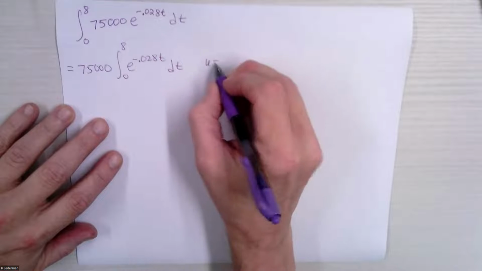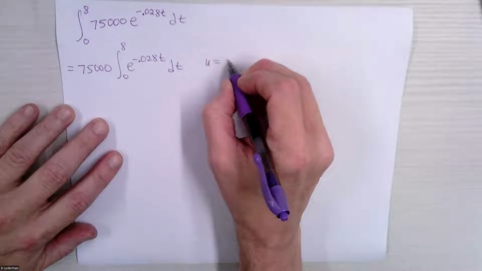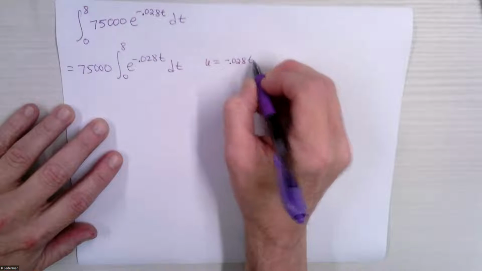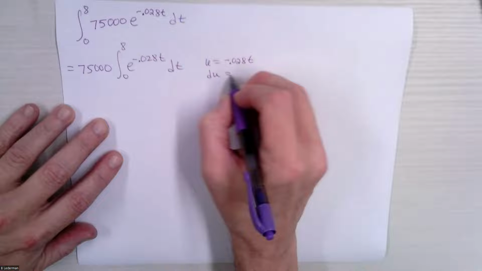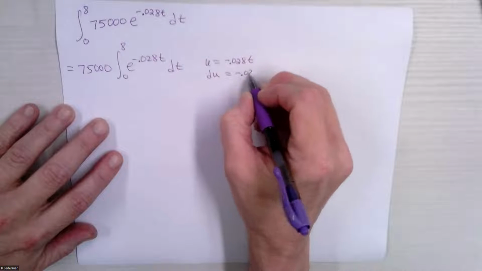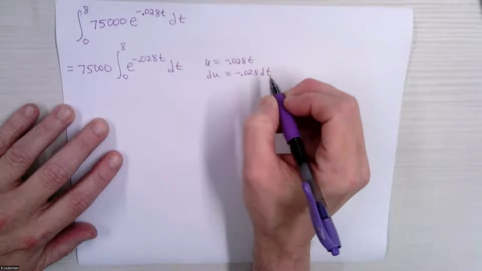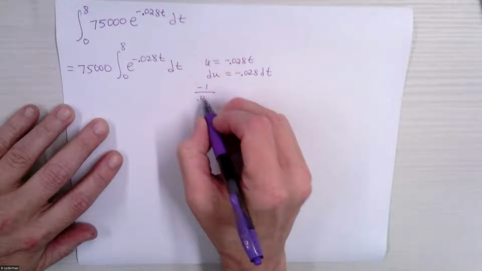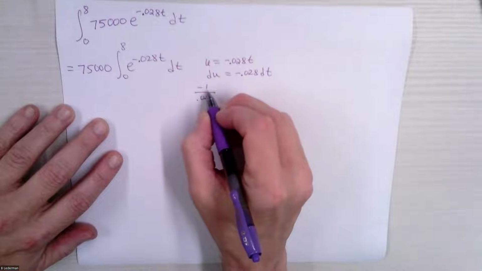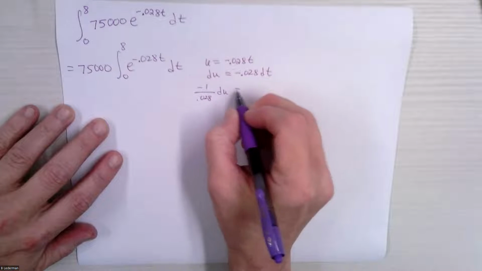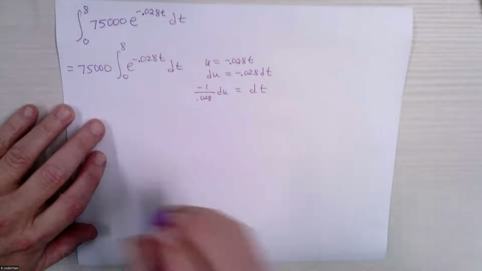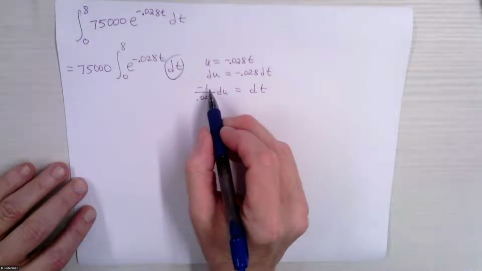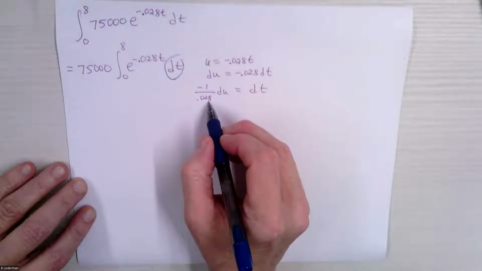I'm going to let u equal negative 0.028 t, which means du is equal to negative 0.028 dt, which means that negative 1 over 0.028 du is equal to dt. That means the dt over here is going to be replaced with negative 1 over 0.028 du.